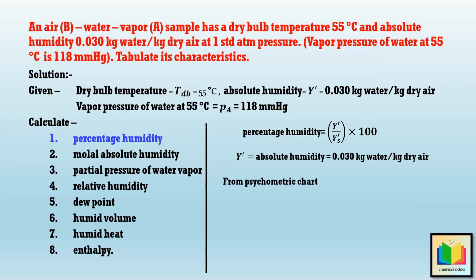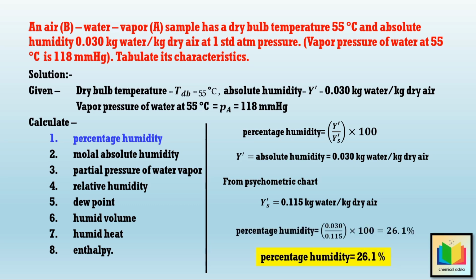Hence from the psychrometric chart, we get Ys dash equal to 0.115 kilograms water per kilogram dry air. Now, let's put the values of Y dash and Ys dash in the formula, hence we get percentage humidity equal to 26.1%.